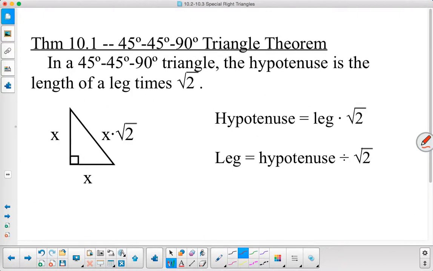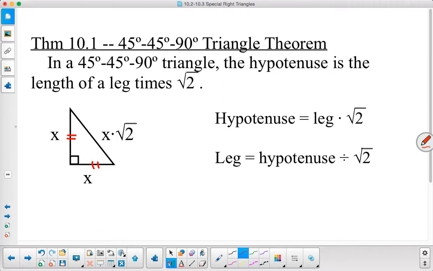So the theorem, you're going to have to pause the screen because there's a lot on there. I might talk about some of it, but pause it so that you can get everything written down. Okay, so this is what I'm saying on that triangle. This triangle looks a little tall and skinny. But on the picture I have the two legs are the same, x and x. The hypotenuse comes out to be x times the square root of 2.